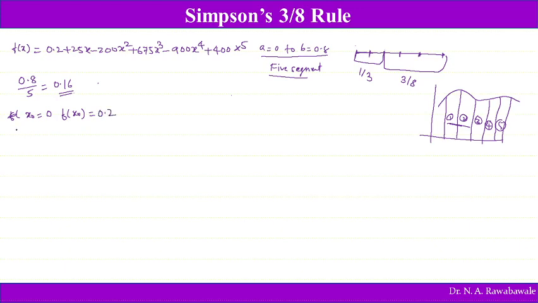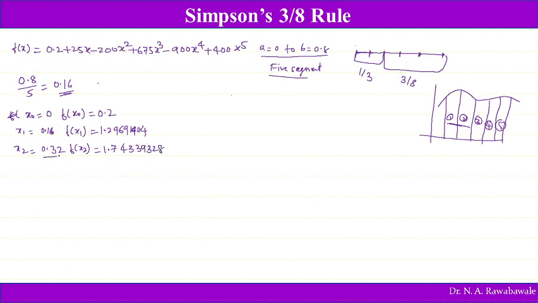Then x1 is equal to 0.16, since the step size is 0.16, and f of x1 will be 1.29691904. Then x2 is equal to 0.32, and f of x2 is equal to 1.74339328.